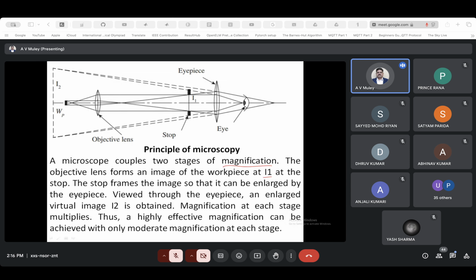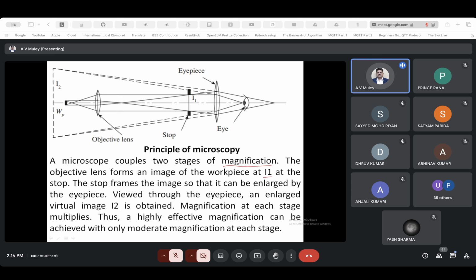So look at, this is the first one, the view through the eyepiece and an enlarged virtual image I2. ये आपके पास होगा इस particular case में. I2 is obtained. Magnification at each stage multiplies, thus highly effective magnification can be achieved with only moderate magnification at each stage.